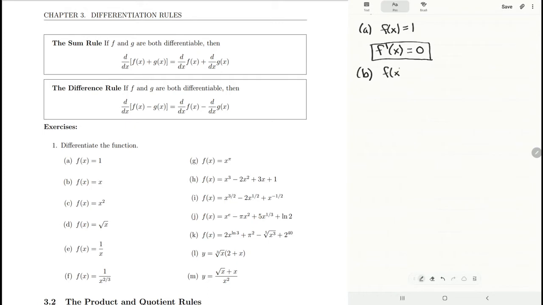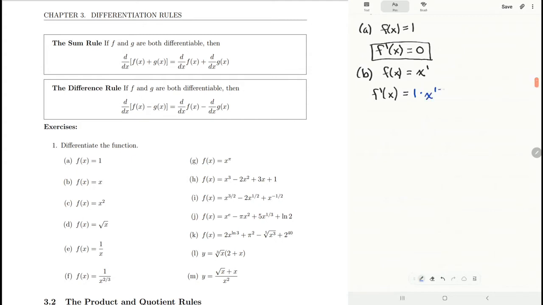In the second example, we have f of x is equal to x. And so here we're dealing with a power function. So we're going to apply the power rule. And so x has an exponent of 1. And the power rule says that we multiply 1 in front, and then we subtract 1 from the exponent.